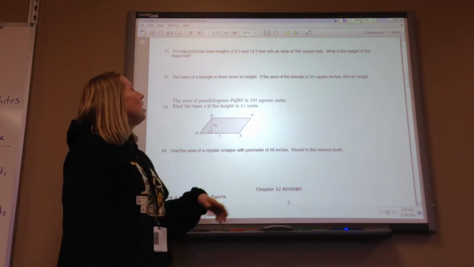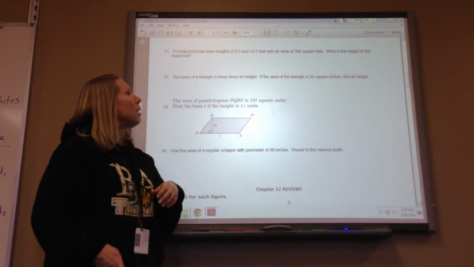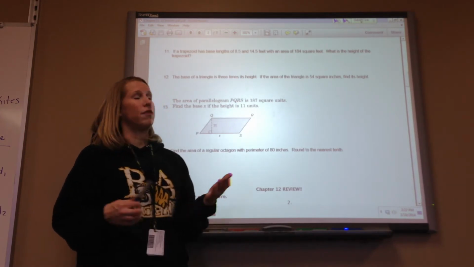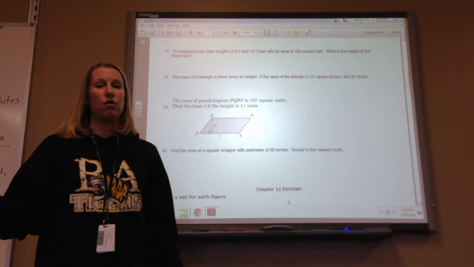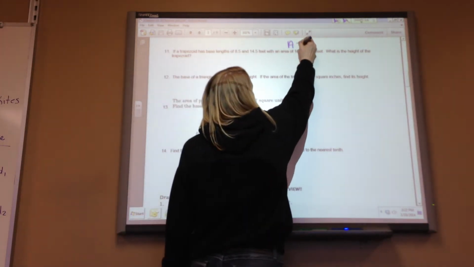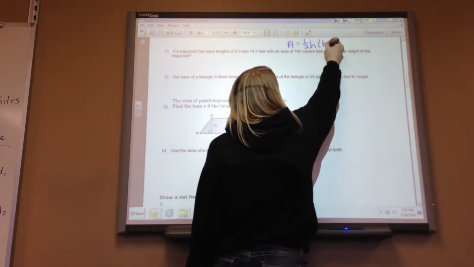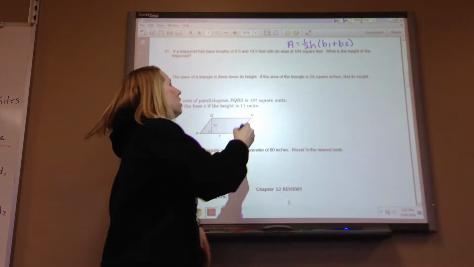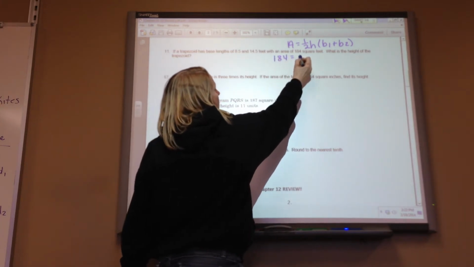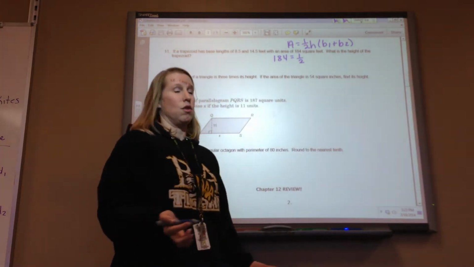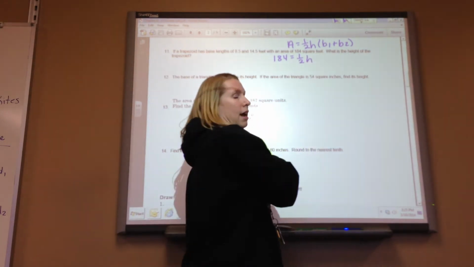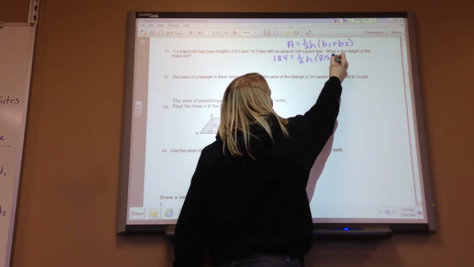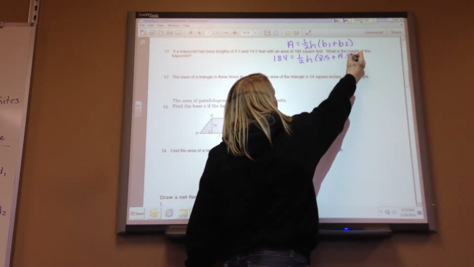Anyway, number 11 says a trapezoid has base lengths of 8.5 and 14.5, and then it gives us the area. We have to figure out the height. So the area formula for a trapezoid is 1/2 height times base 1 plus base 2. I know the area is 184, so 184 equals 1/2 height. I don't know the height, so I'll just keep it as h times base 1, which is 8.5, plus base 2, which is 14.5.